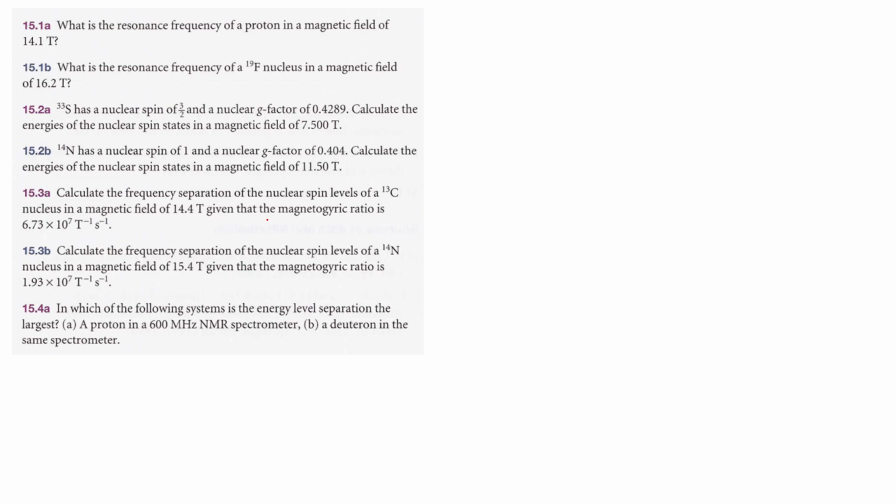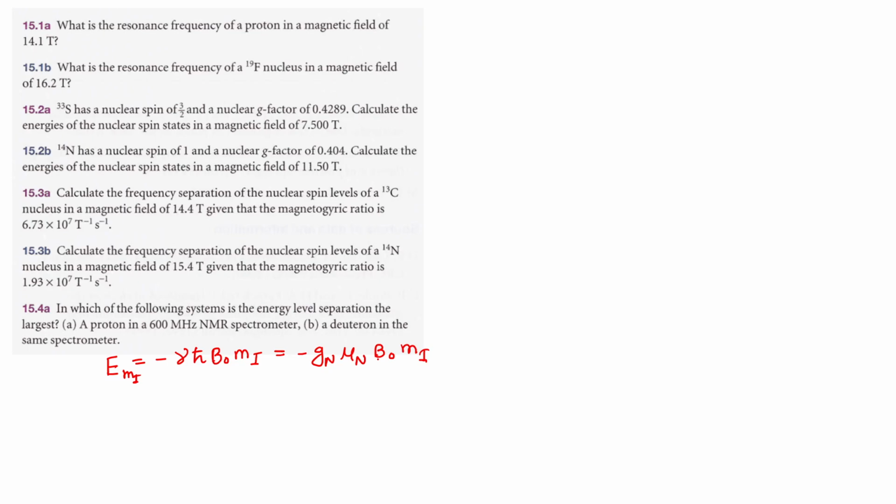So I will write again here the energy in terms of the magnetogyric ratio. The energy of a state mI is going to be minus gamma h-bar B0 mI. I will also write it in terms of gn and mu n.